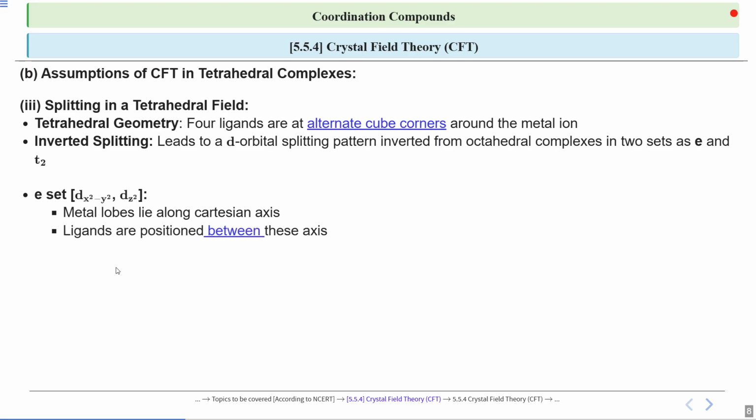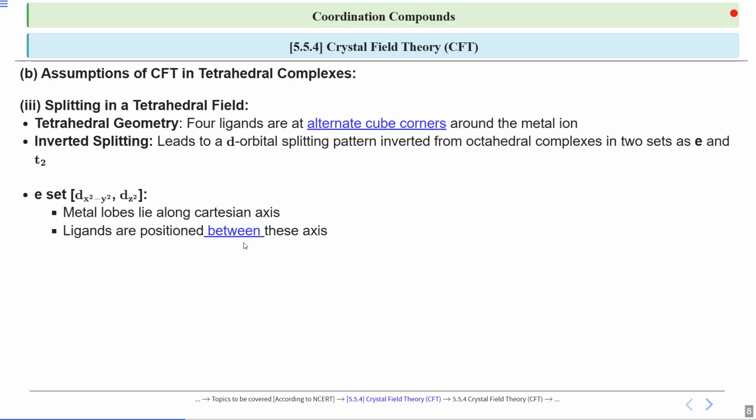So when ligands move closer to the central metal ion, they are going to position themselves in the Cartesian plane to form strong bonding with the metal. So how are ligands going to place themselves? The ligands are positioned between these axes, the x, y and z axis. So along the axis are the metal d orbital lobes, and in between the axis are the ligand positions.